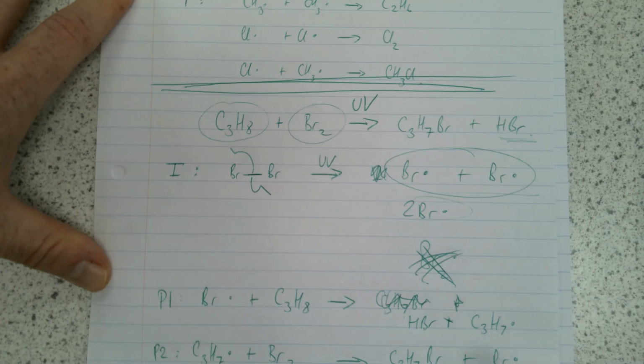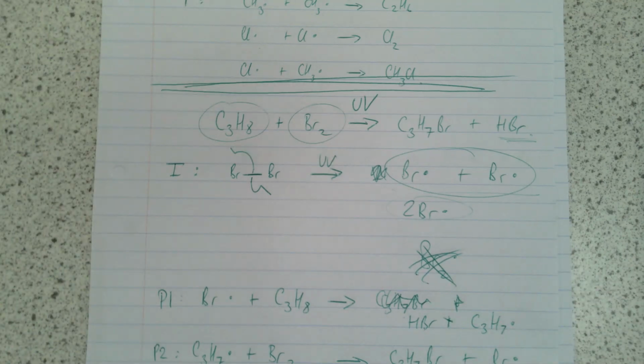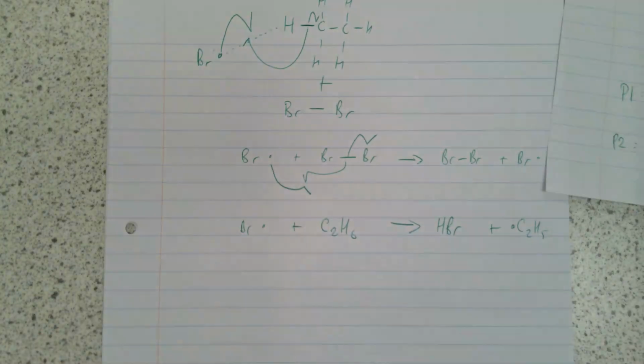And therefore, the second one is dead easy. It has to be the bromine reacting with the radical we just produced, getting the other product. It helps to realise that one of the reactants is used in one reaction giving you one of the products, the other reactant is used in the other reaction giving you the other product. It helps you to think about it when you're practicing and learning.